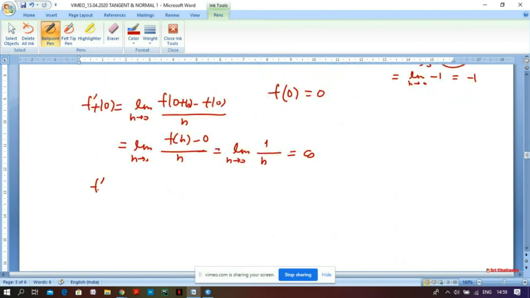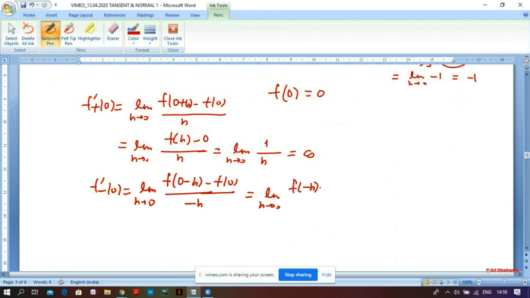And if I get f prime minus of 0, that is the limit as h tends to 0 of f of 0 minus h minus f of 0 upon negative h, which means the limit of f of negative h minus 0 upon negative h. Now that number is negative 1 upon negative h. It's still the limit as h tends to 0 of 1 over h, and that gives you infinity.